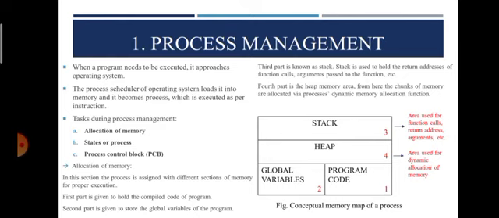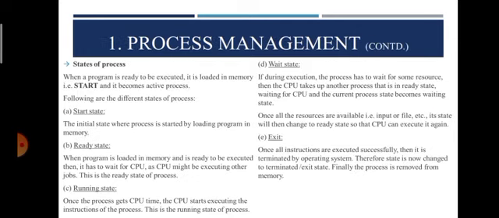Coming to the next one, that is states of process. By the name itself we can understand that the process will have different states. When a program is ready to be executed, it is loaded into memory, that is start, and it becomes an active process.